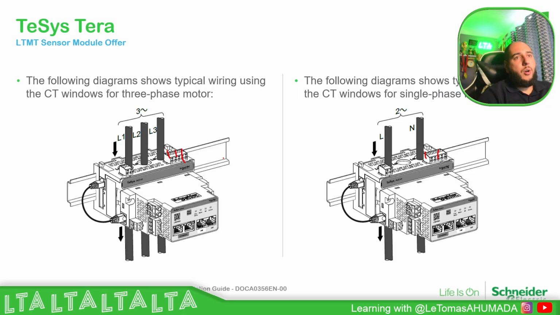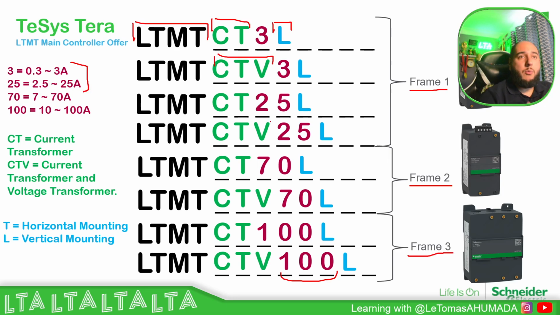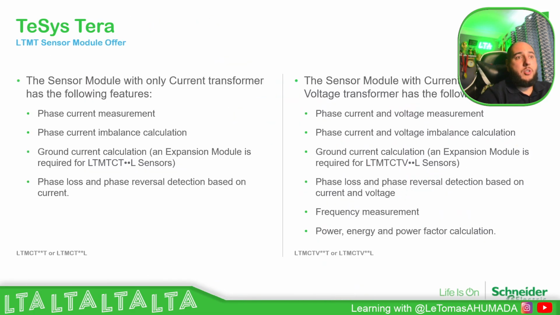So this is basically the sensor module offer. What we need to double check is the range of the load that we're going to monitor and control, so we can select the right range. The other thing that we need to double check is whether we want to measure only current, or we want the further information about the power and energy that I mentioned before.